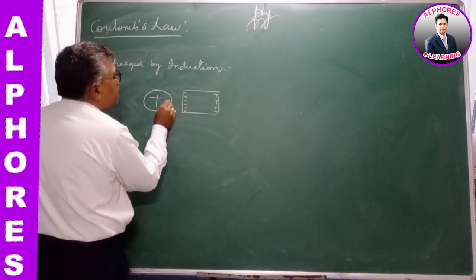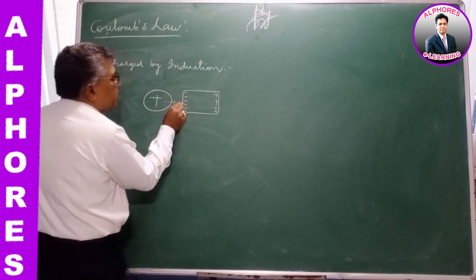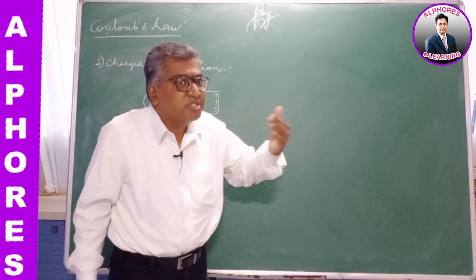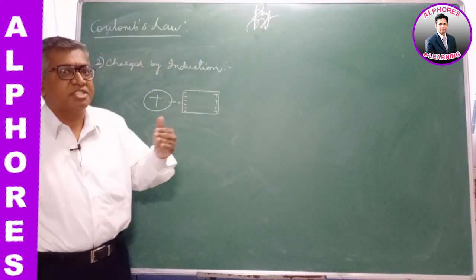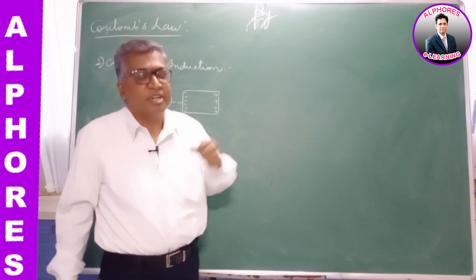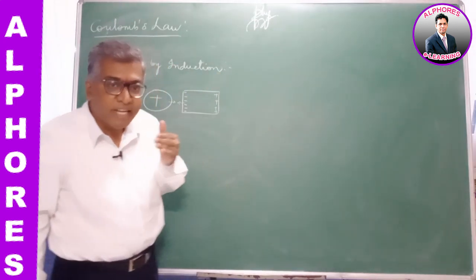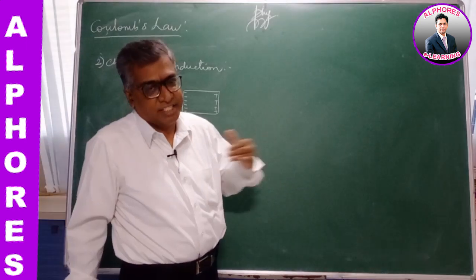These two unlike charges at the near end lead to attraction. Whenever charge is induced, opposite charge is induced, and this leads to attraction. So induction leads to attraction, or induction precedes attraction.